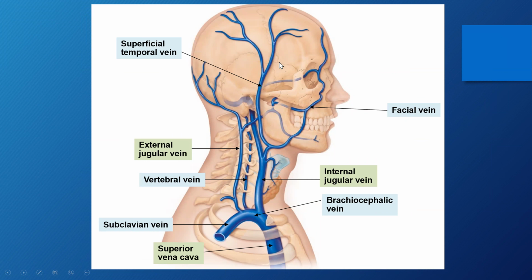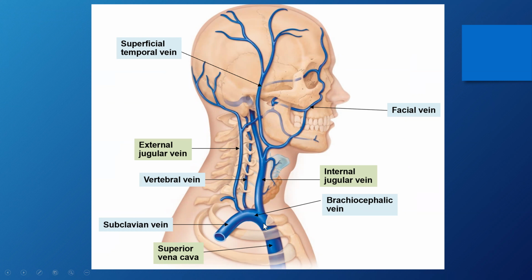And this is how we collect blood from the head, right? So we have superficial temporal vein, facial vein, and those veins come together to form internal jugular. And internal jugular also brings blood from your brain, and there will be external jugular vein, and both come to this brachiocephalic vein.